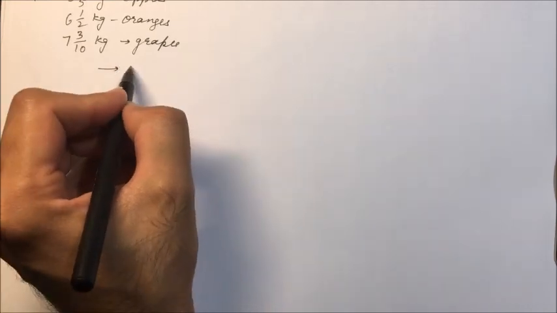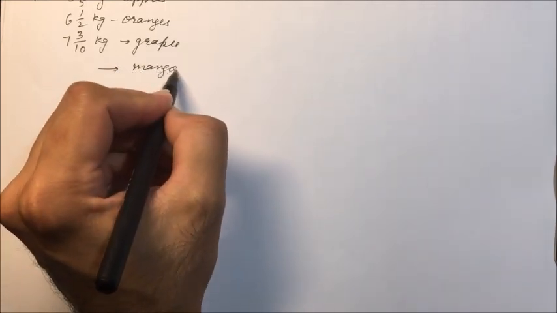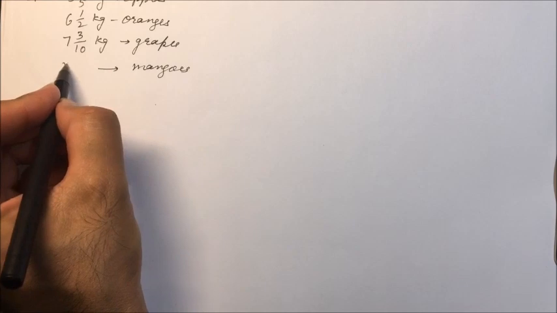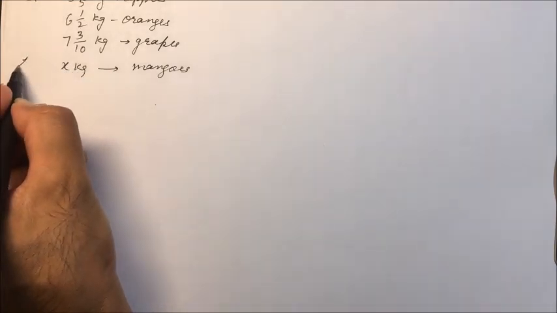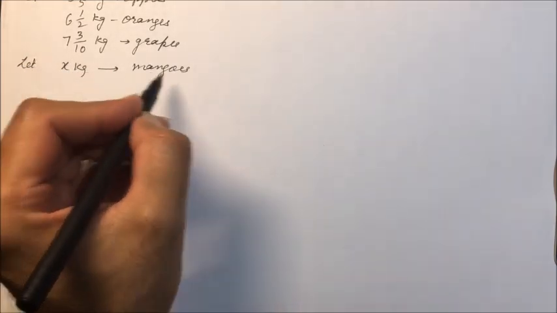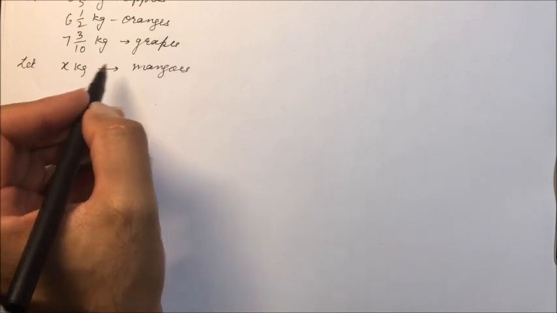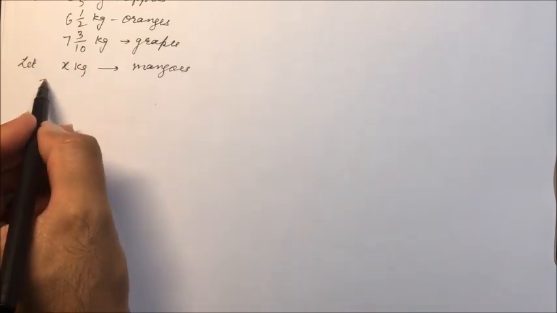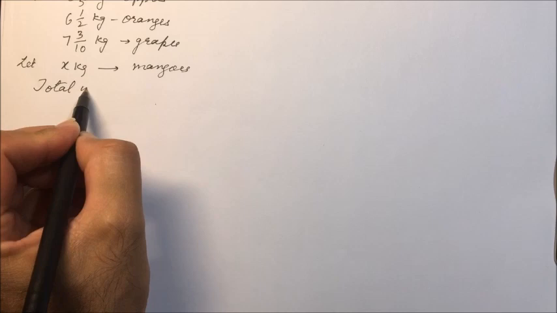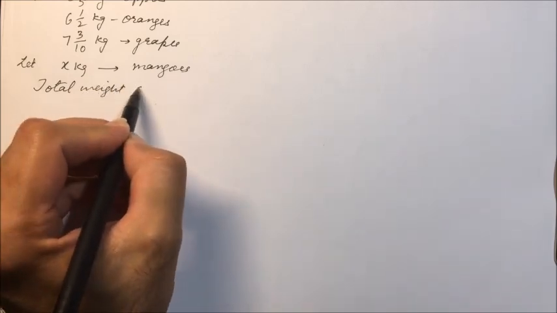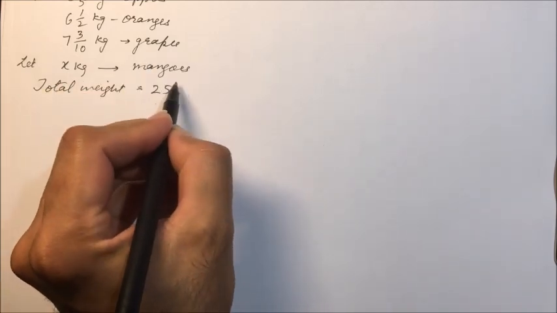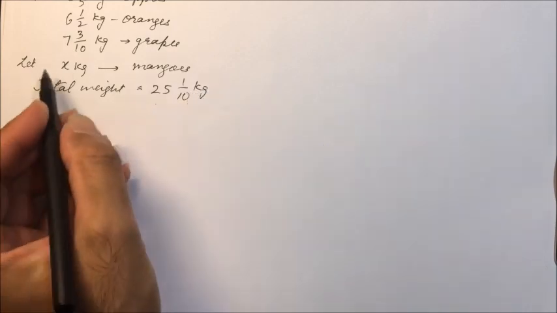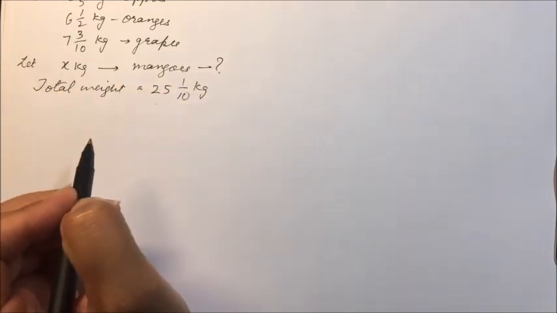And the remaining are mangoes. So some mangoes are there, let it be x kg. So let the weight of mangoes be x kgs, and the total weight is given. Total weight equal to 25 1 upon 10 kg, and we have to find the weight of mangoes.